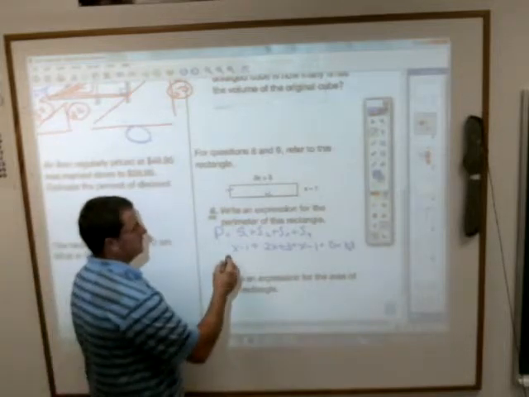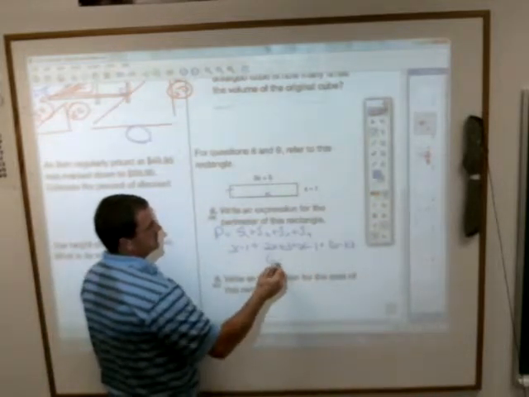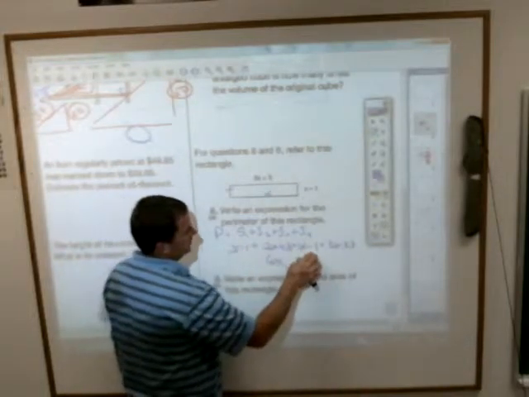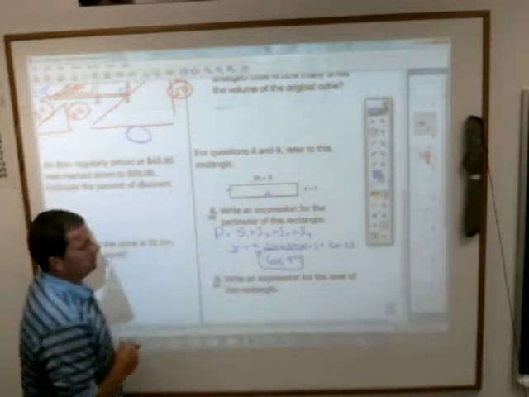Put all your x's together: 1x, 2x, 1x, 2x, that's a total of 6 x's. Minus 1 plus 3 is plus 2, minus 1 is 1, plus 3 is 4. That would be the expression.